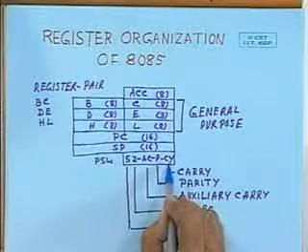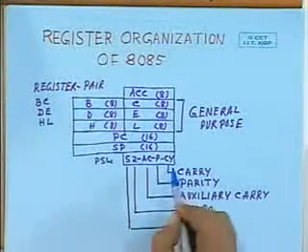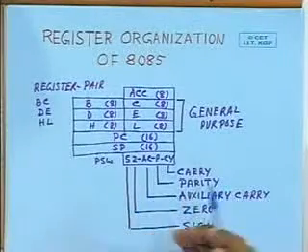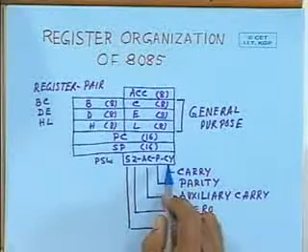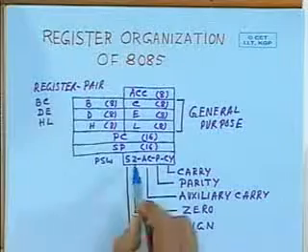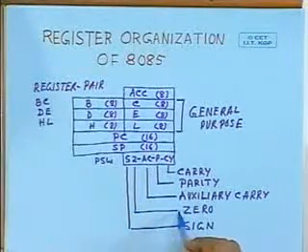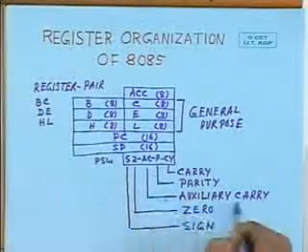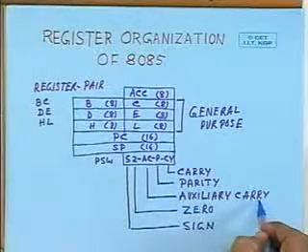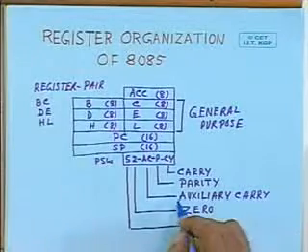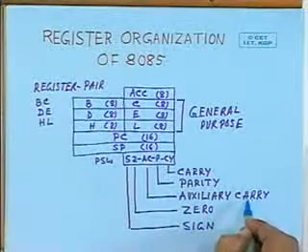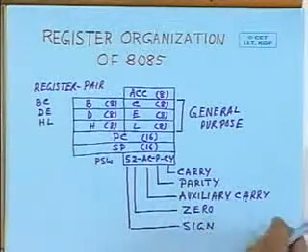So whenever a carry occurs, you would like to jump to some location, or when the result is 0, the Z flag bit is 1, and then you want to jump. We have seen that the auxiliary carry is commonly used to implement the DAA instruction, decimal adjust accumulator, to facilitate BCD mode of addressing.